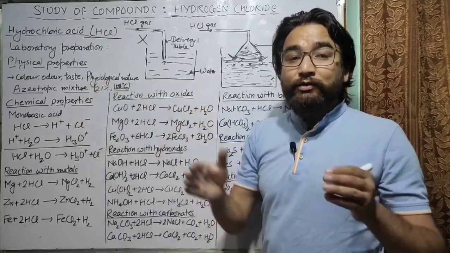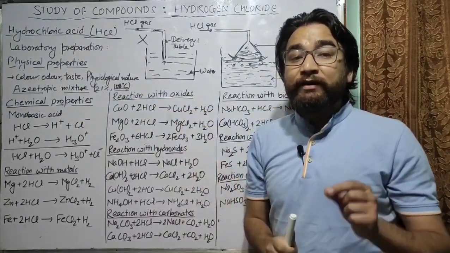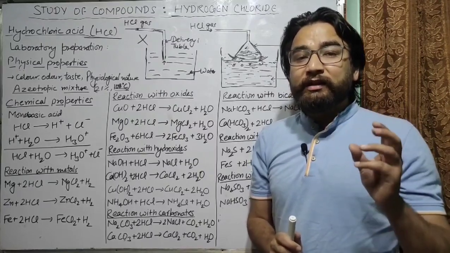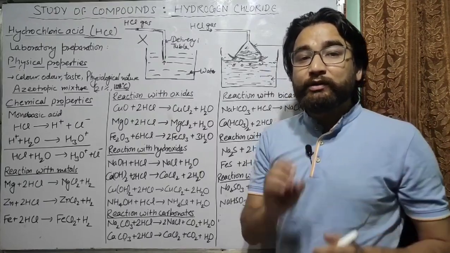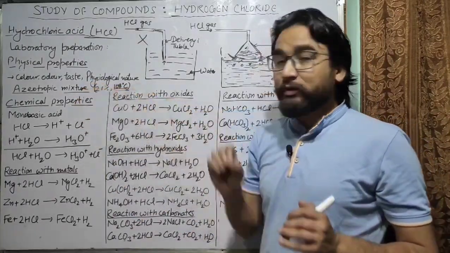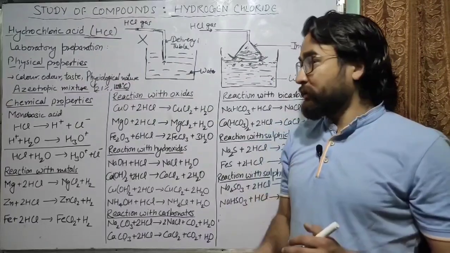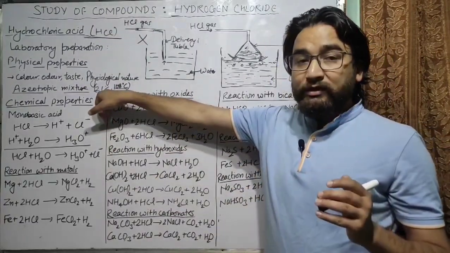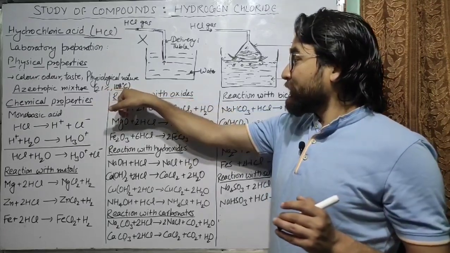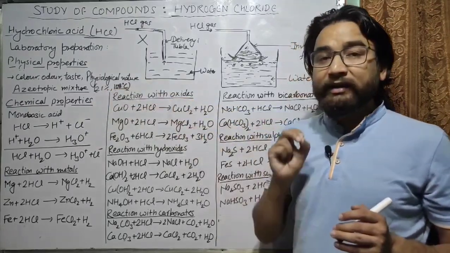Whenever two substances are combined and have the same boiling point, and whenever it is vaporized, the concentration in the vapor also remains the same as it is present in the solution, such a solution is known as an azeotropic mixture. So this azeotropic mixture can be obtained at 21% HCl, and the boiling point of this is 108 degrees Celsius.